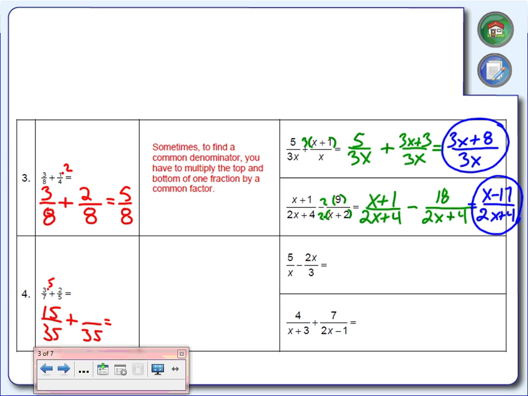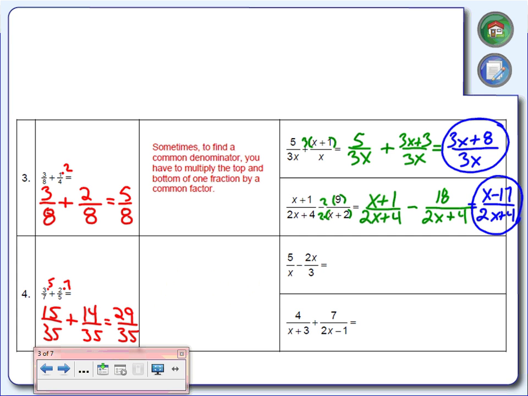Do the same thing with your 2/5. We went from having a 5 to a 35. How did we go from having a 5 to a 35 for our denominator? Times 7. So make sure you multiply the numerator by 7 also. So 2 times 7 would be a 14. So now we've got these new fractions here. We've got common denominators. Add them up. 15 plus 14 would be a 29 over 35.